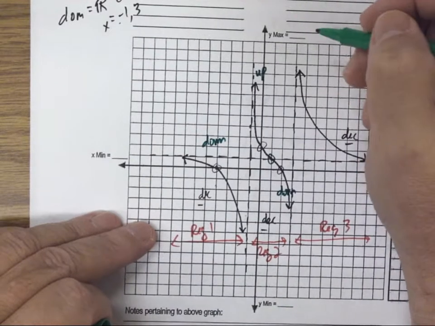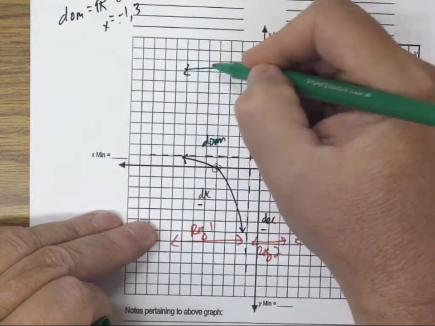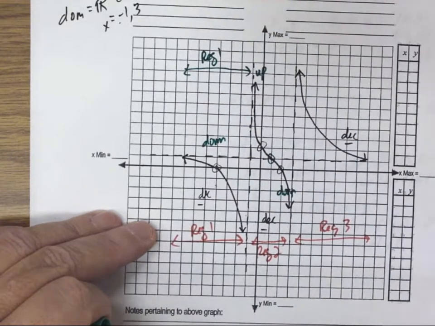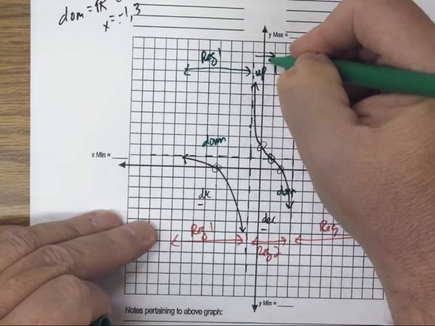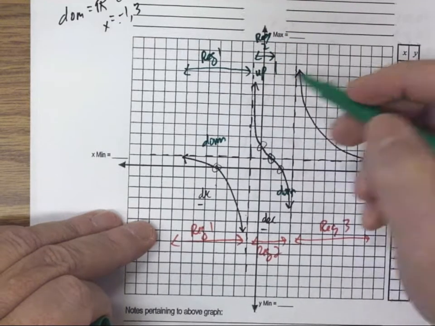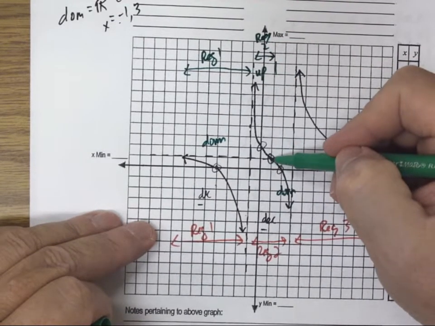So for concavity, sort of interesting. For concavity, this is region 1. Region 2 is from the asymptote to my inflection point.